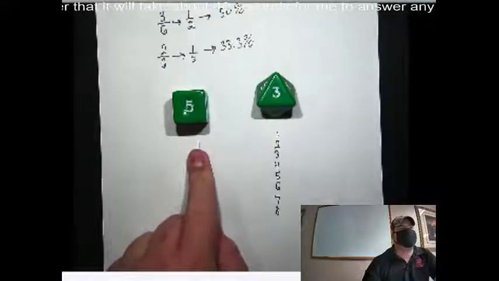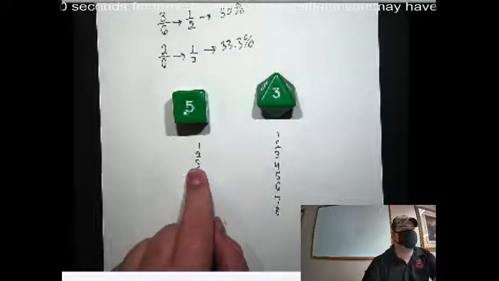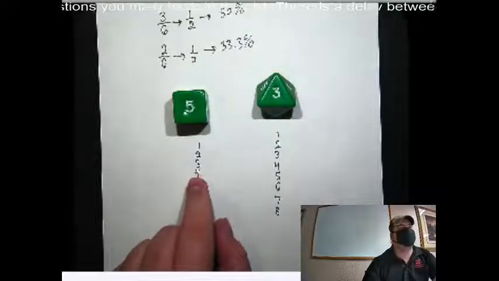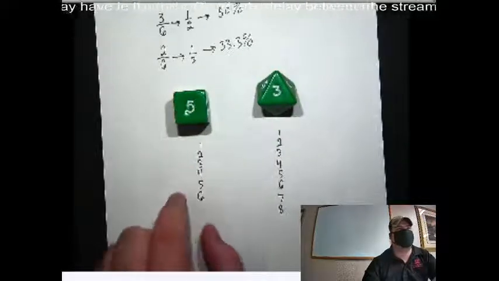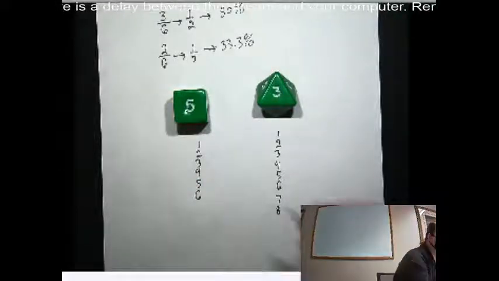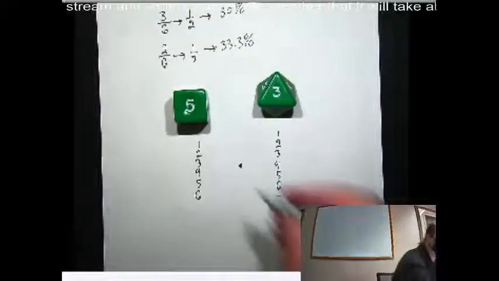So we have, let's see, 8, 16, 24, 32, so on and so forth. In fact, what we need to do here to get our total outcomes is multiply these together.